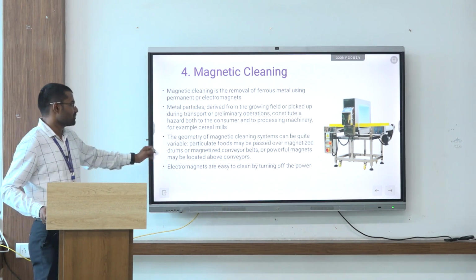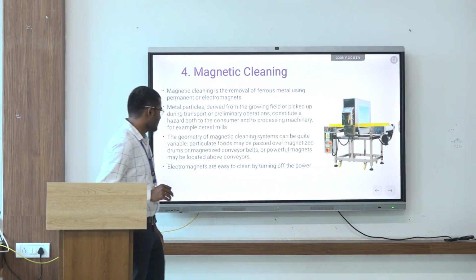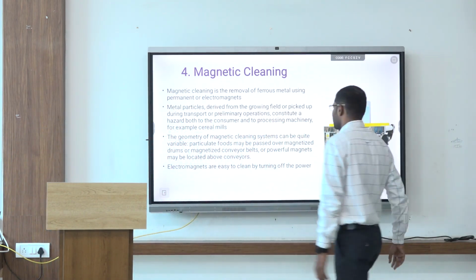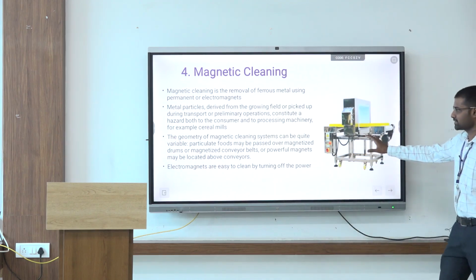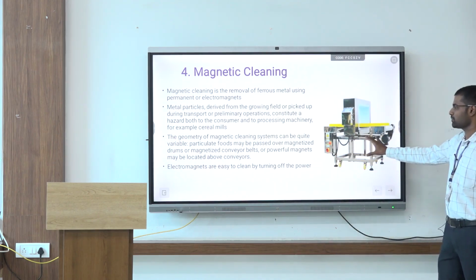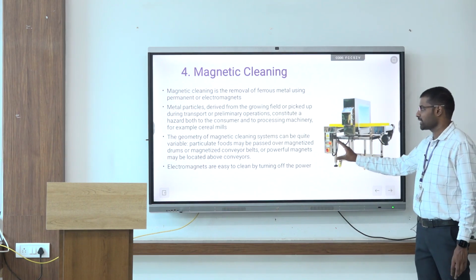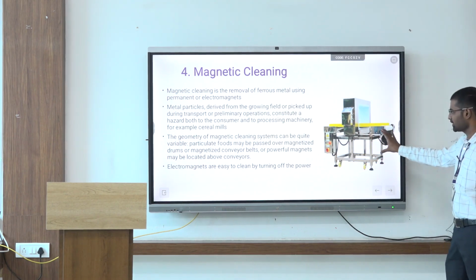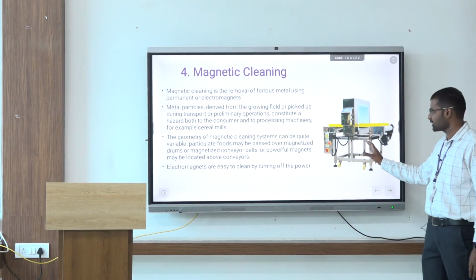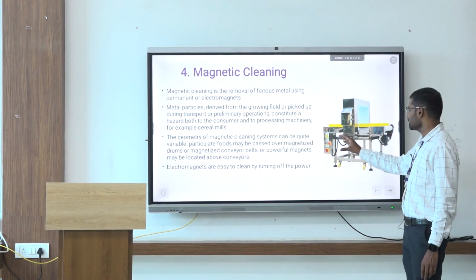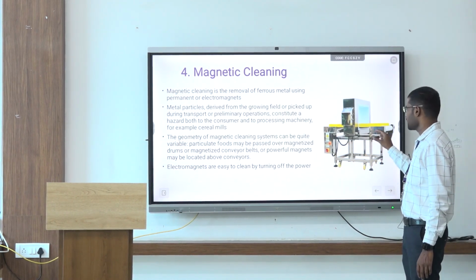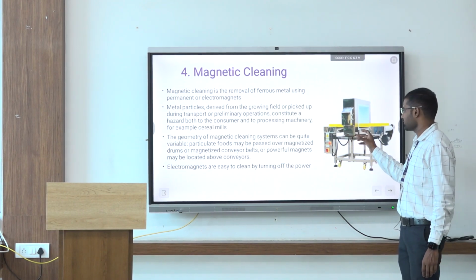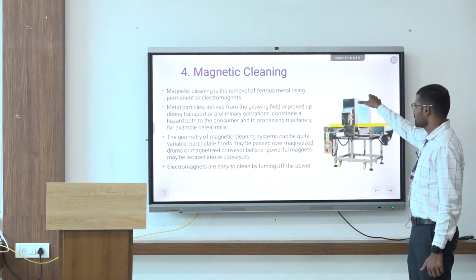The geometry of magnetic cleaning systems can be quite variable. The particular foods may be passed over magnetized drums or magnetized conveyor belts, or powerful magnets may be located above the conveyors. This is one example of these metal detectors, where the conveyor belts are there and the metal detectors are fitted over these conveyor belts.